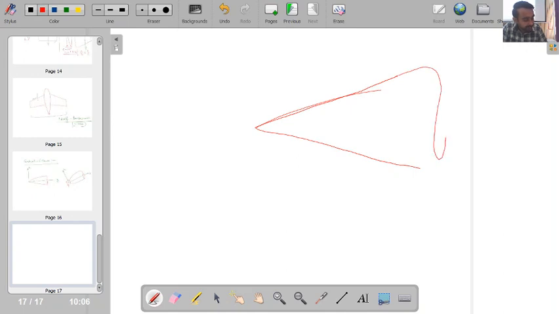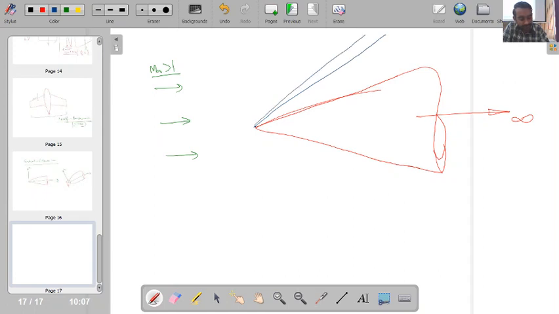Say I have one infinite cone, extending up to infinity in this direction. Say I have some flow over this, and this flow is supersonic, so the Mach number here is greater than 1. In this situation, we will find the formation of a shock wave. So here I will have a shock.